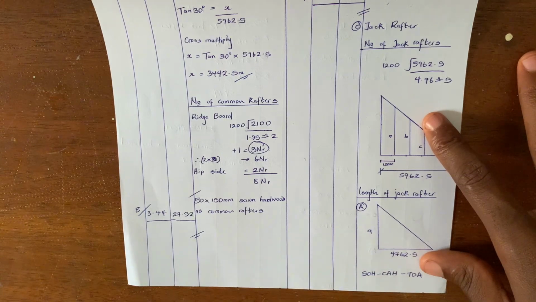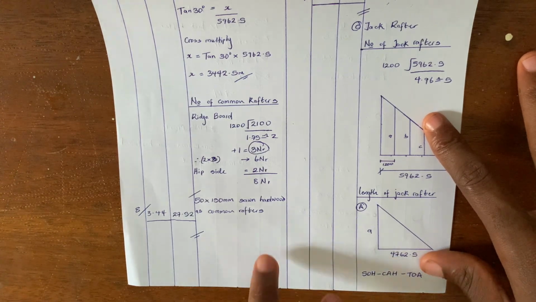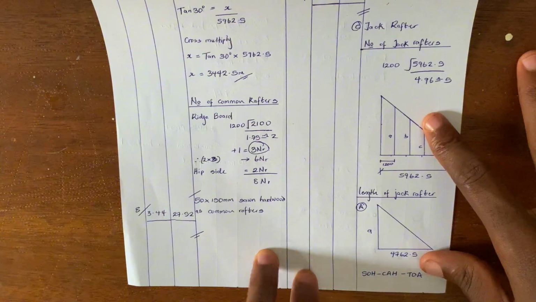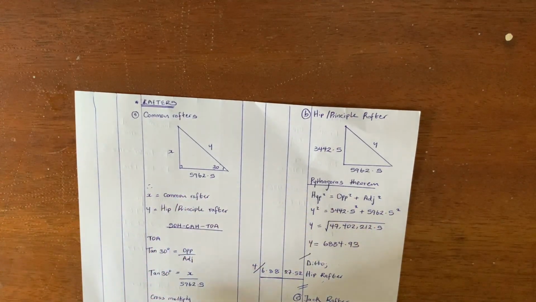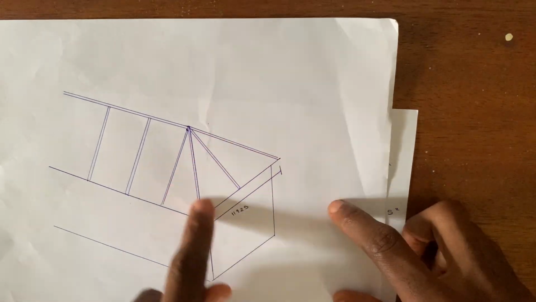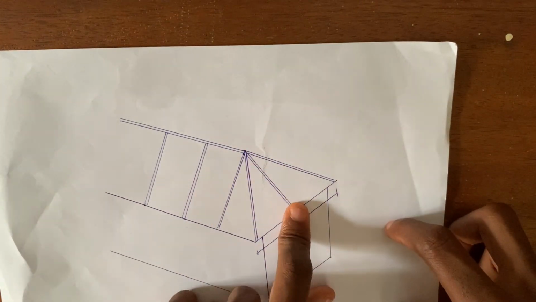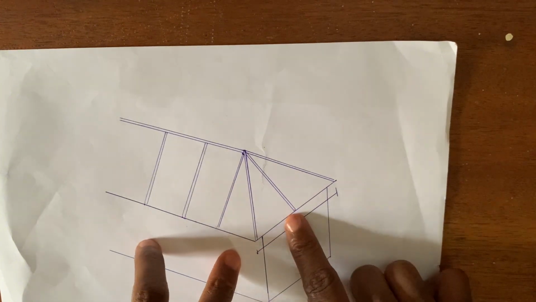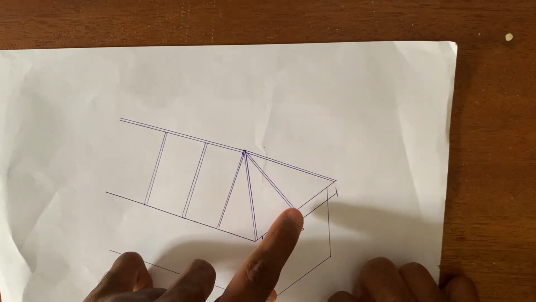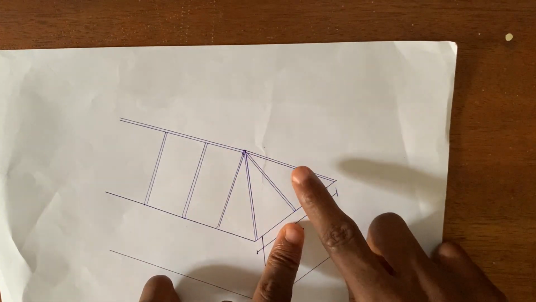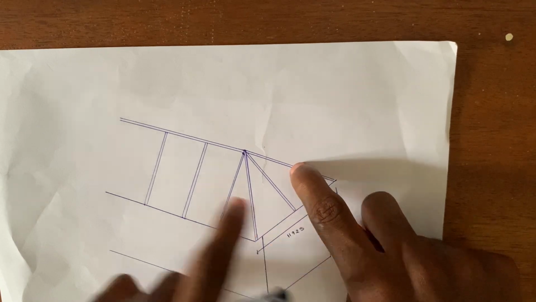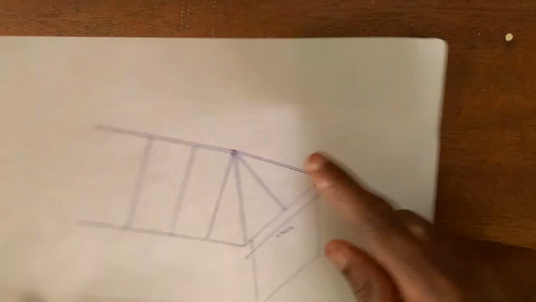The next rafter we're going to be measuring would be the hip rafter. So we bring the same triangle back. So half of this is what we are going to be looking for. Since we know the parameter from here to here, and we know the parameter for our common rafter, all we need to find now is this, which is our y.